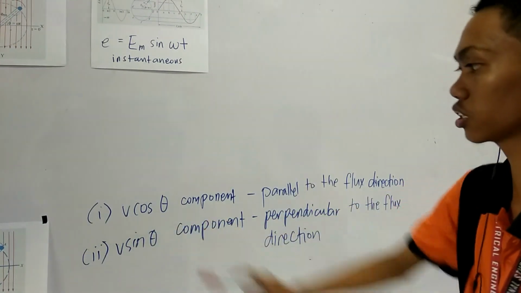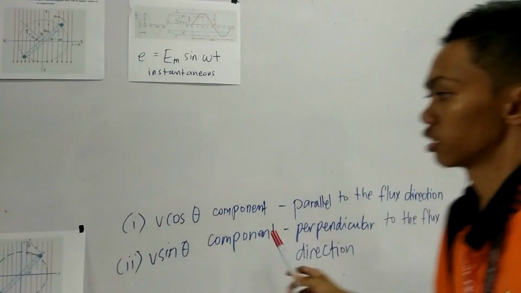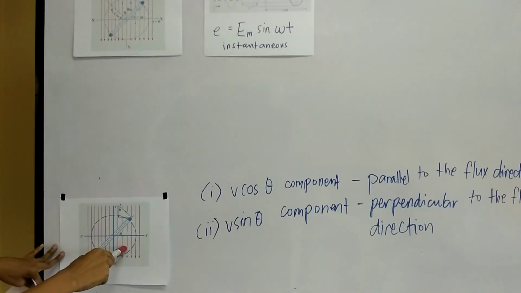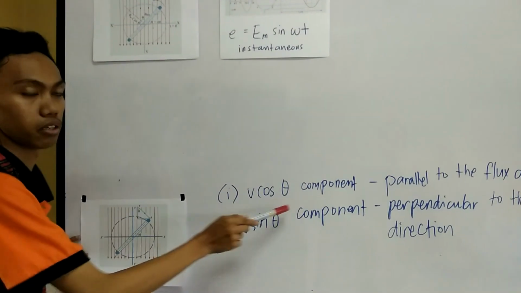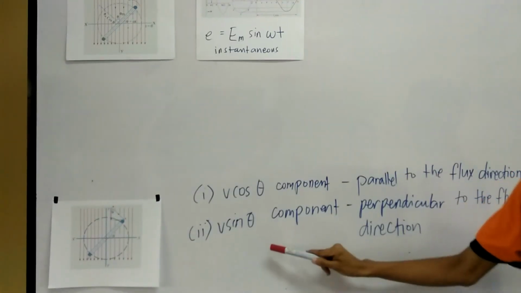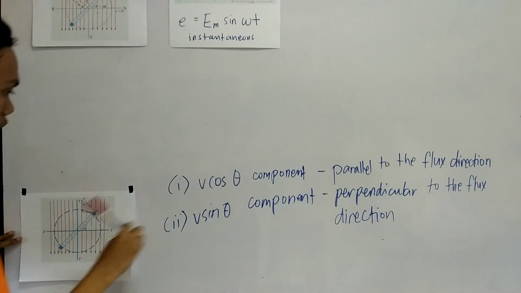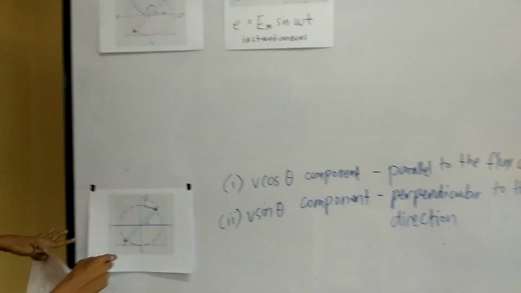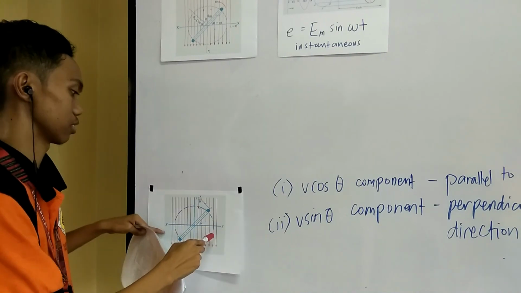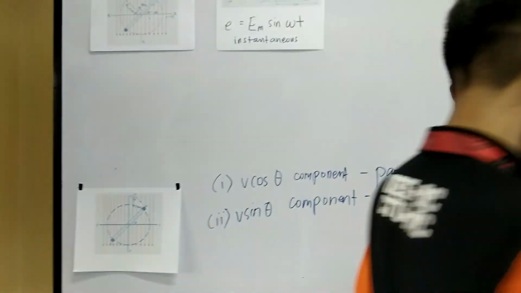The first is the v cosine theta component, which is parallel to the flux direction. As you can see, in this case no flux is cut, meaning no EMF is generated in the v cosine theta component. The second is the v sine theta component, which is perpendicular to the flux direction. If the coil is perpendicular to the flux direction, flux is cut, and voltage or EMF can be generated throughout the rotating coil.